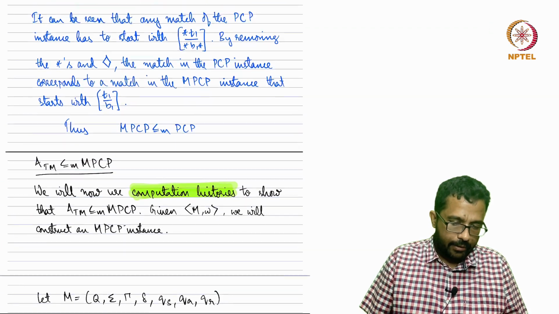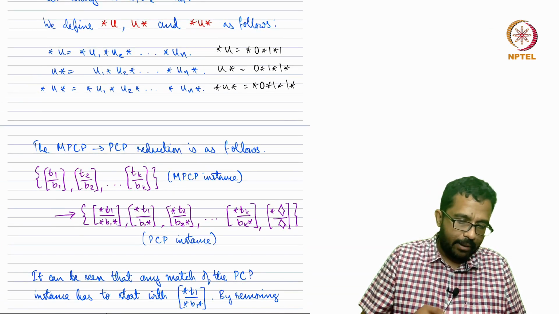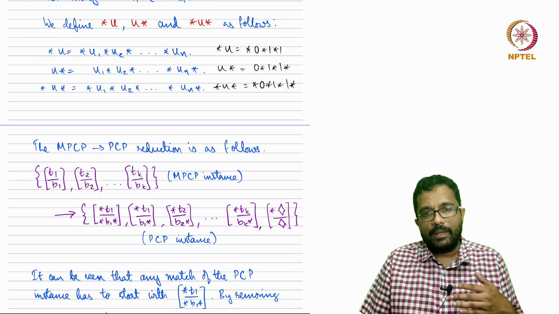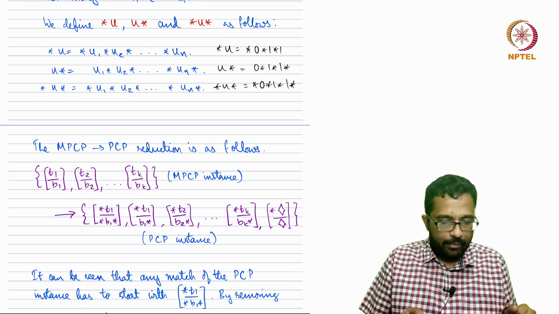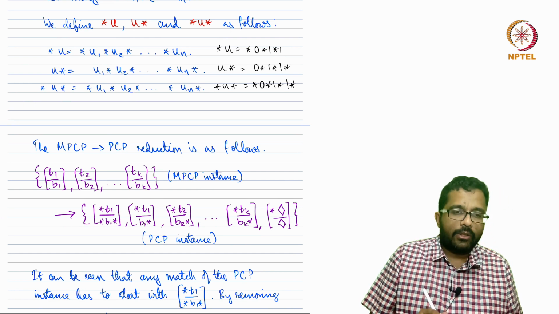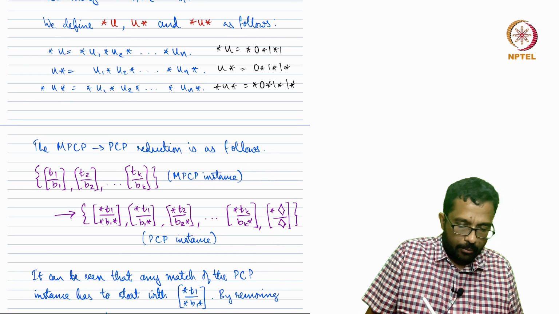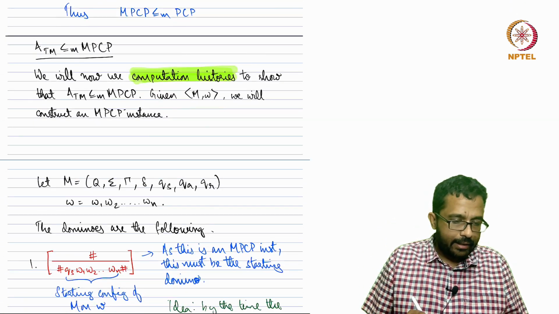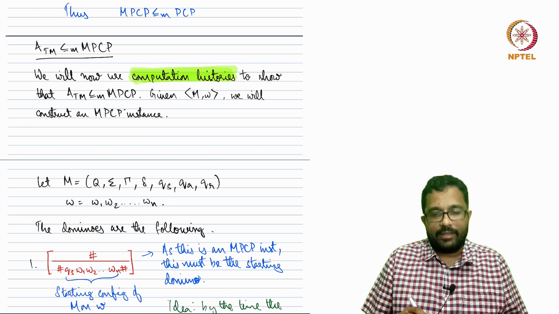So we first reduced MPCP to PCP by putting in the stars. From the MPCP instance, we created a PCP instance, and we ensured that the PCP instance can only start the match from the first domino. That's how we did the reduction. Then for ATM to MPCP, we used computation histories.